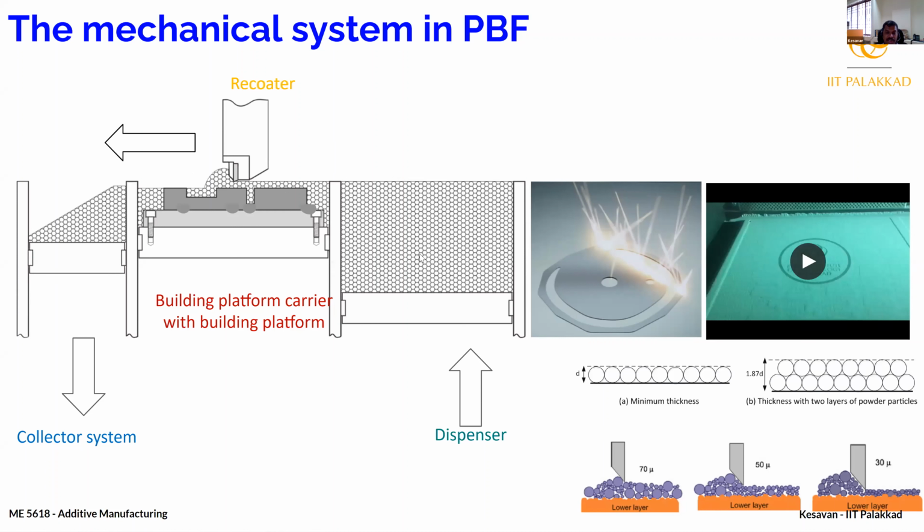Since the raw material is spread for every layer, you have to print the support structure also from the same material. I cannot think of adding new material. Otherwise, I would have to have one more bin, and when I mix two different materials on the platform, I may end up losing the chemical composition of the component. So that is not possible.